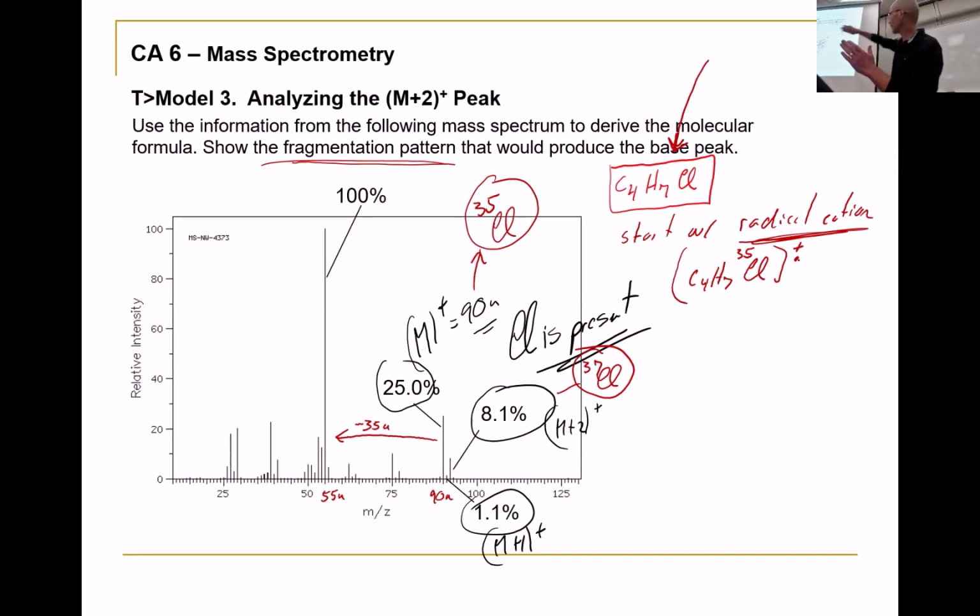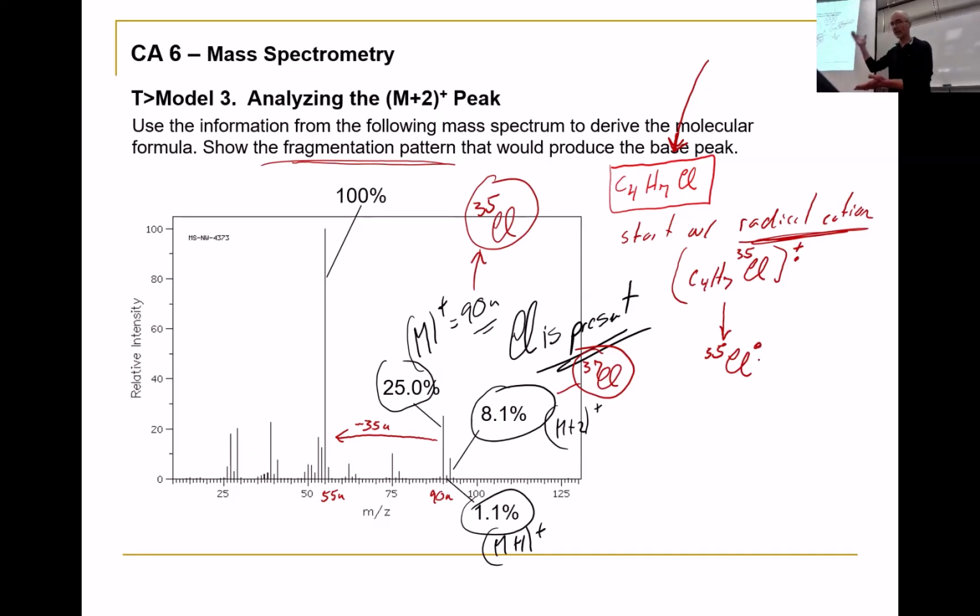Because I'm kind of running out of room to go horizontal, I'm going to go down vertically. And so what happens is, of course, that fragments. And what does it fragment into? Well, we lose the chlorine 35, but the chlorine 35 is not detected. And so how we lose it is as the radical. It's the neutral particle.